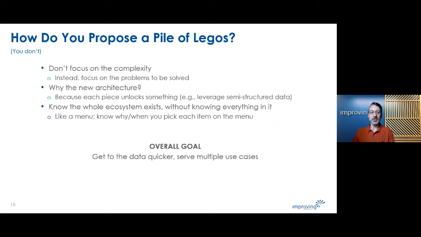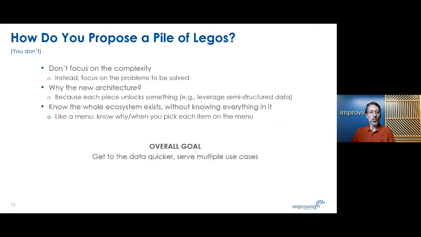Whatever proposing these initiatives looks like, from whatever position you're coming from, the job, I would say, has gotten more difficult. Before, we started simple and it got more complex. Today, we are starting with complexity and our job is to simplify it. One way to simplify it is to focus on the problems to be solved, the business use cases.